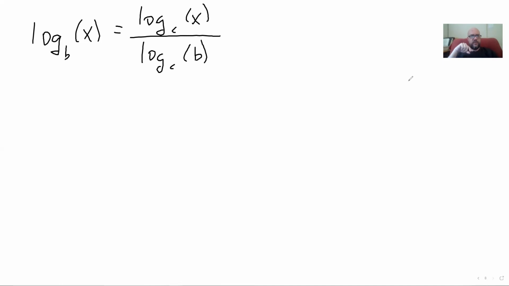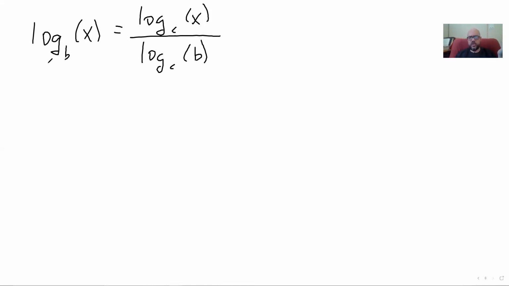You might say to yourself, how is this helpful? The reason this is helpful is that you get to choose c. This works no matter what c is, as long as it's a legal log base, so no zeros or ones or negative things. So for instance, you can choose it to be e or 10 and use your calculator. That's really what we're going to use this for.